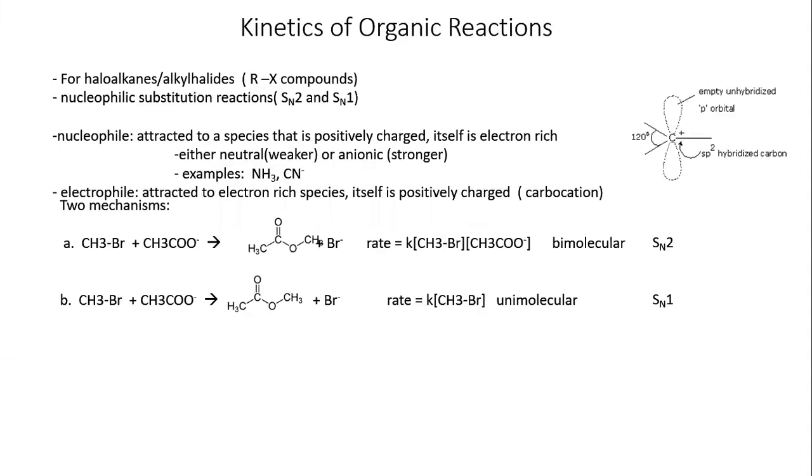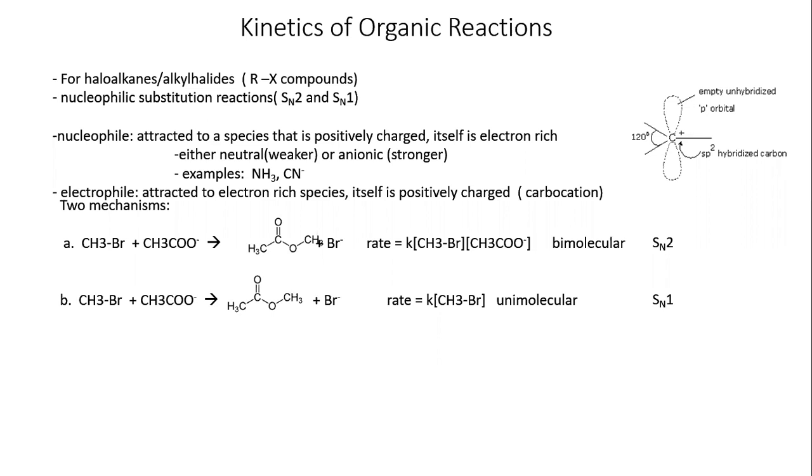So now we're going to be looking at the kinetics of organic reactions, and we're going to be looking at 2 particular types of organic reactions. The first one is called a nucleophilic substitution reaction. So you can imagine that we're going to be substituting one type of group for another group.